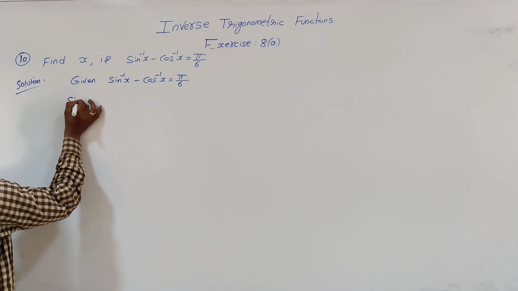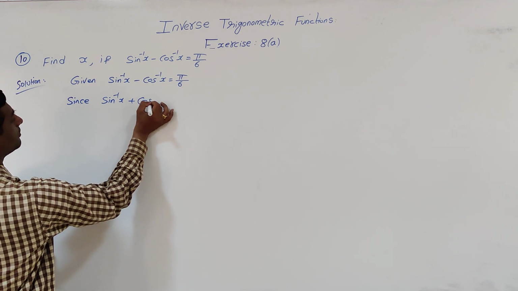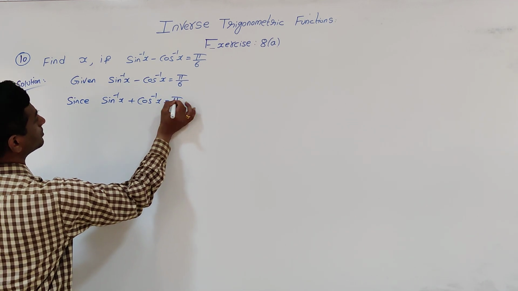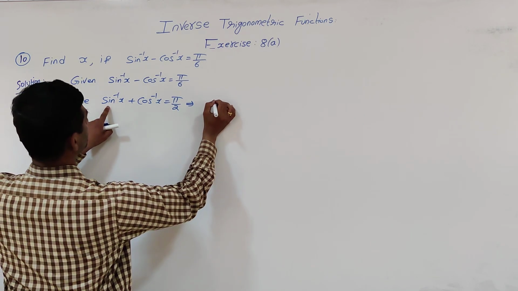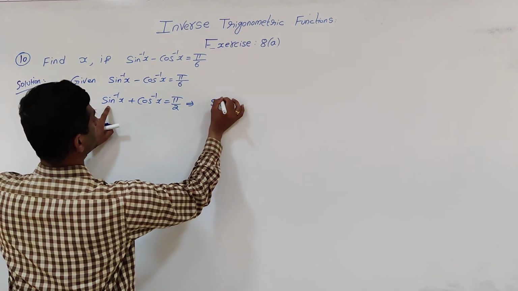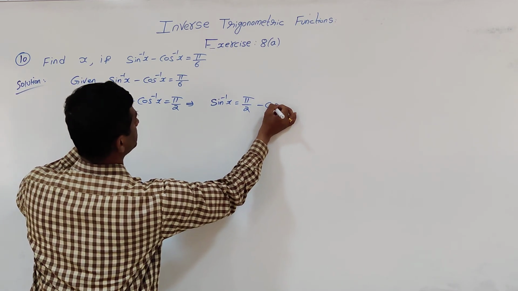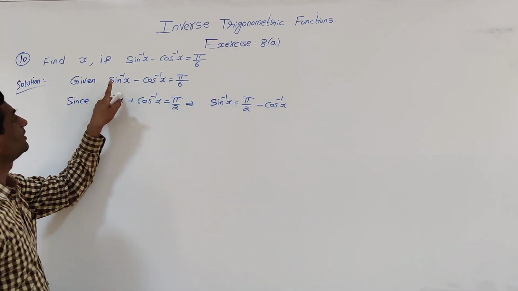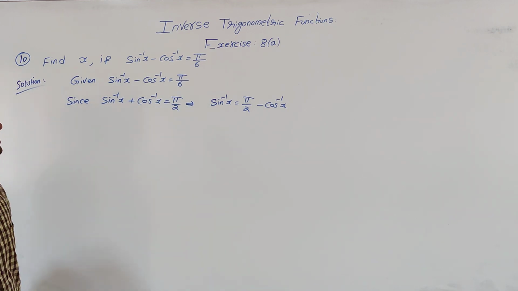Since sin inverse of x plus cos inverse of x is equal to pi by 2, we can write sin inverse of x is equal to pi by 2 minus cos inverse of x. Means we can replace sin inverse of x in terms of cos inverse of x, that is 90 minus cos inverse of x.